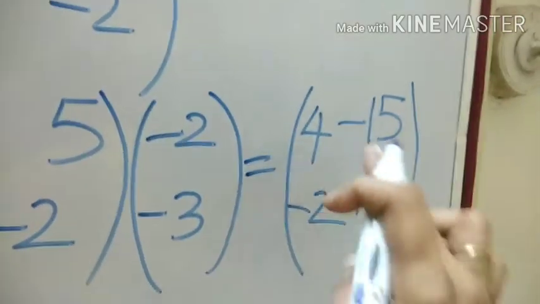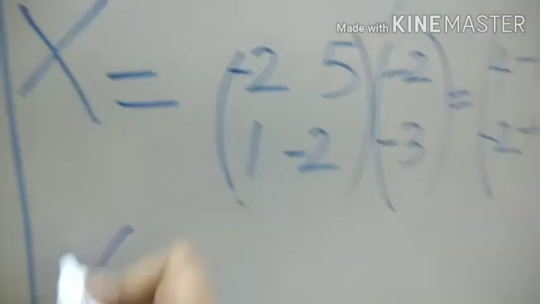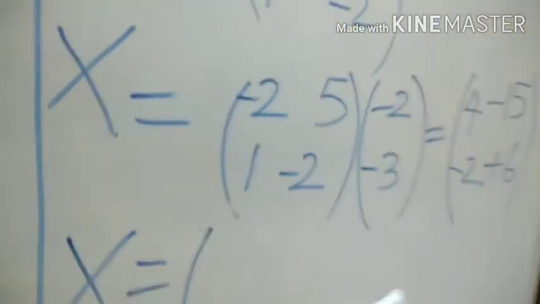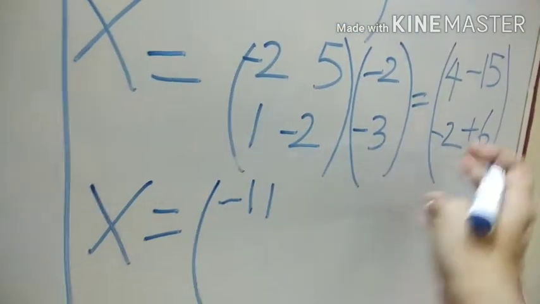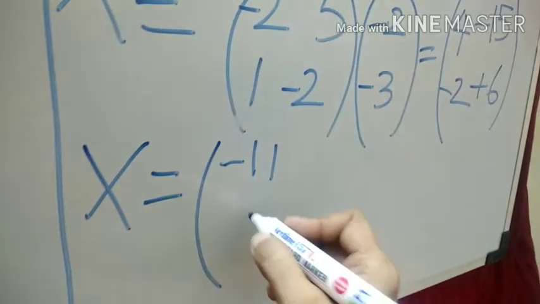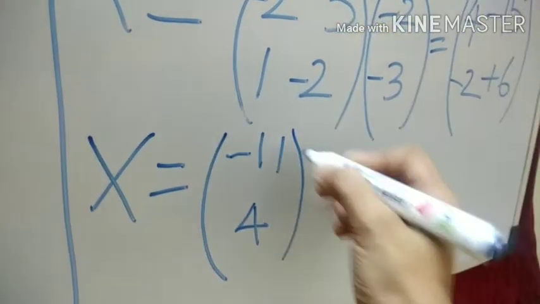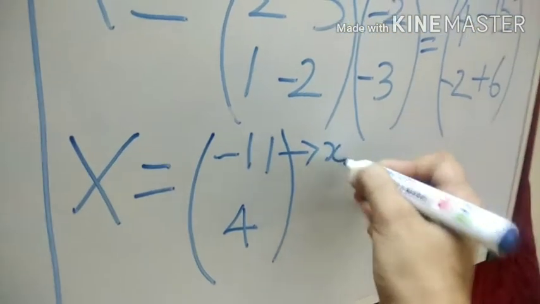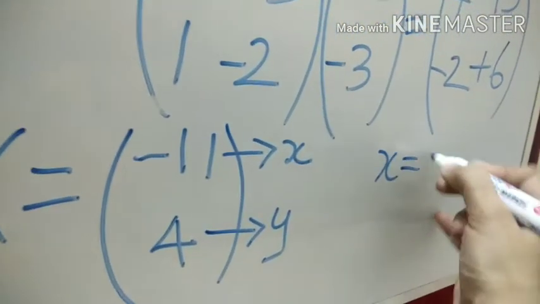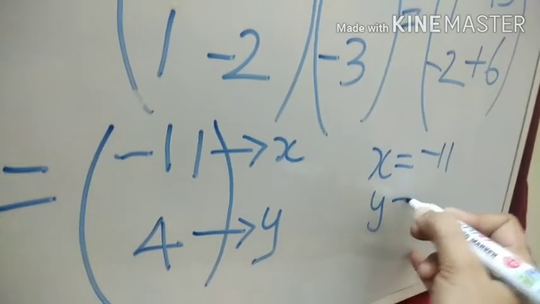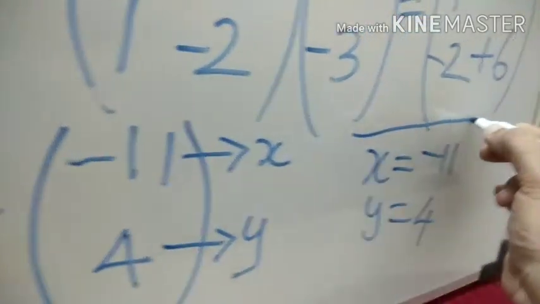Simplifying the answer, 4 minus 15, I can write x is equal to 4 minus 15, which is minus 11, and minus 2 plus 6 is plus 4. This number is small x and this number is small y. So x is equal to minus 11, y is equal to 4, and this is the solution that I get for the required equations.